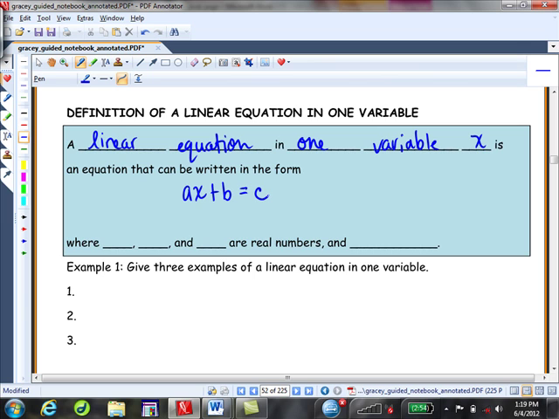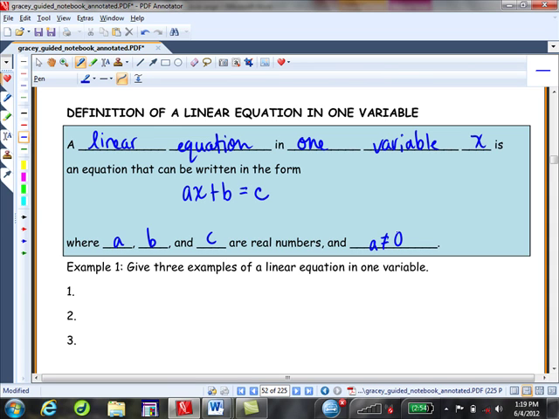Now don't be nervous. We know that a, b, and c are real numbers, so they'll be something that you know. And we don't want a to be equal to 0, because if that was the case, we would just have constants, right, instead of variables.